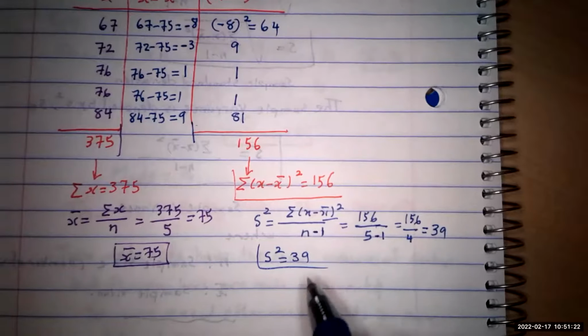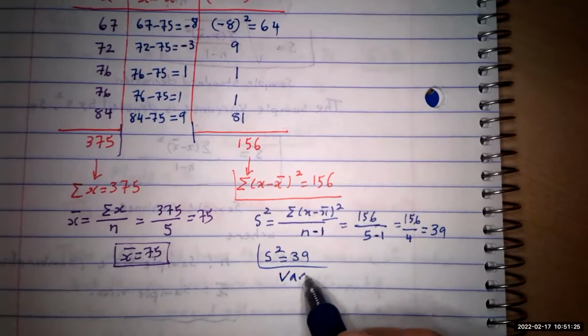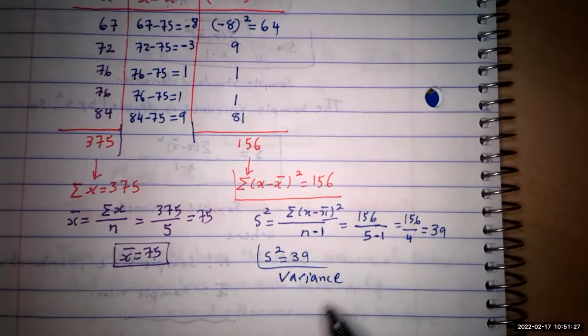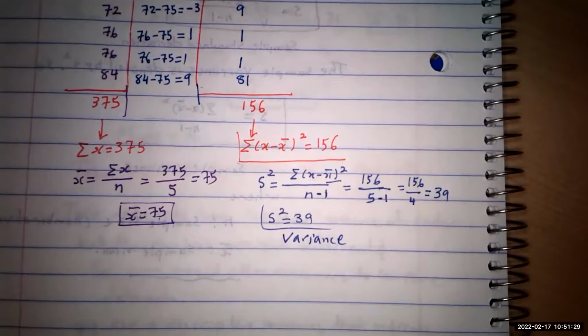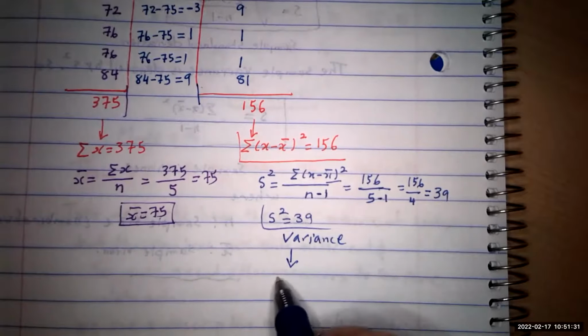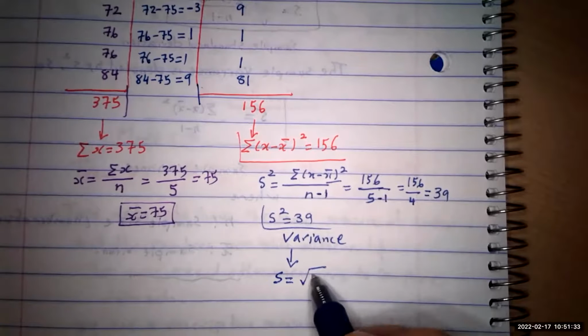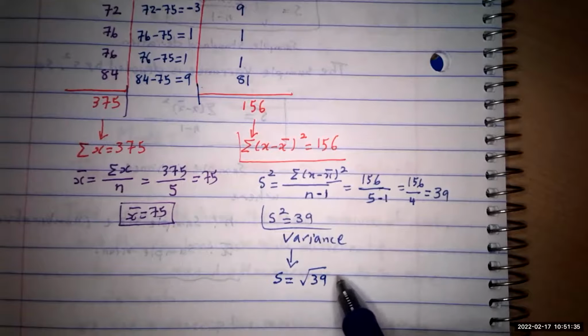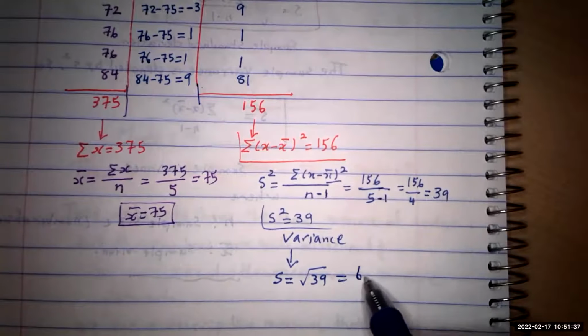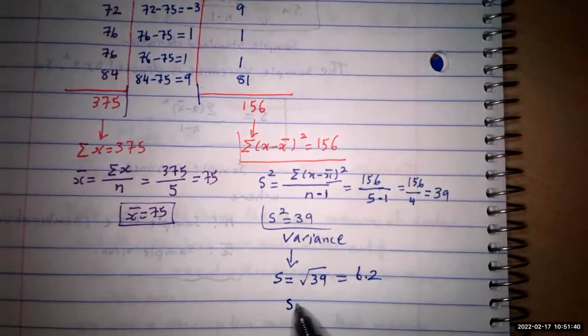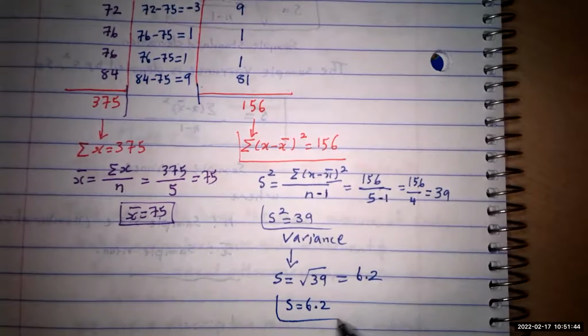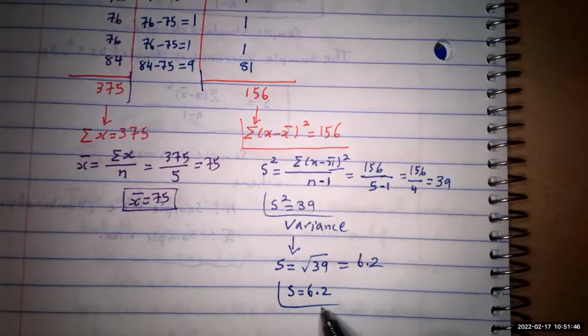That's the variance. Okay, that's going to be your variance. And you take the square root. So s is going to be radical 39, and radical 39 would be 6.2. So s equal to 6.2 is going to be what? This is going to be the sample standard deviation.